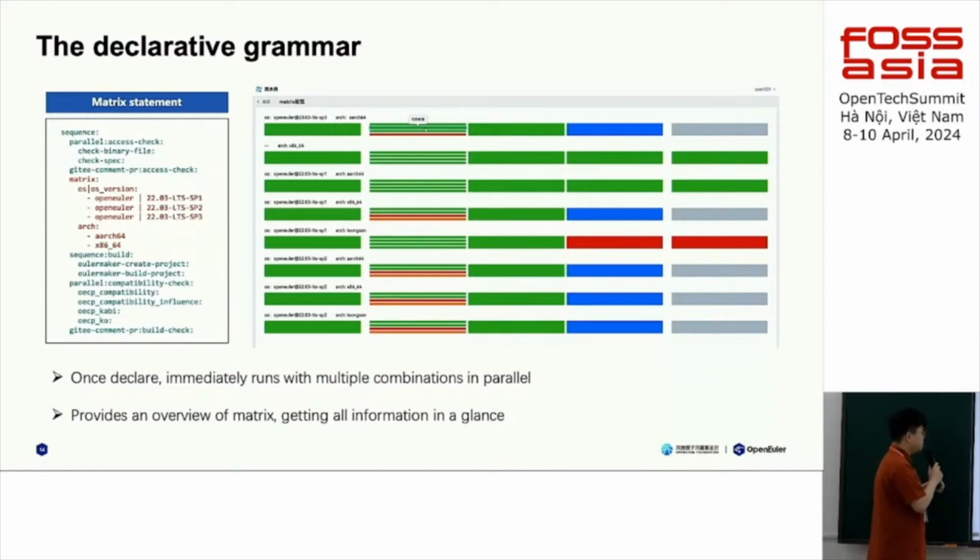Like if you submit a job, but you need it to run in different kinds of distro, different kinds of architecture to test it, you could just use this keyword to simply split your single workflow into many combinations, and you could use the overview of metrics on the website to simply glance at what all the branch status is.